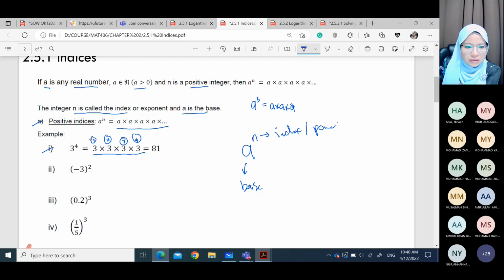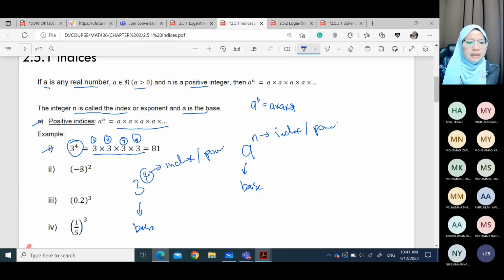So 3 to the power of 4, it means that 3 times 3 times 3 times 3 and it is equivalent with 81. So dekat sini 3 itu adalah base dia. Yang ni kita tengok example yang pertama tu. So kita ada 3 kuasa 4. So 3 ni adalah base dan 4 ini adalah index ataupun power.